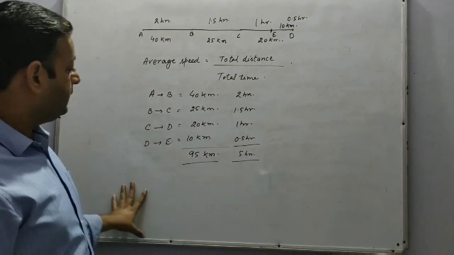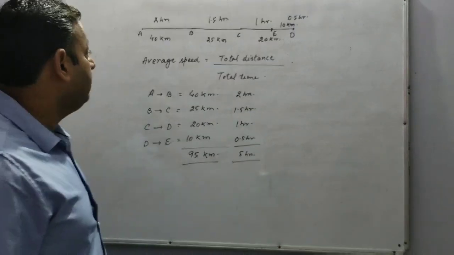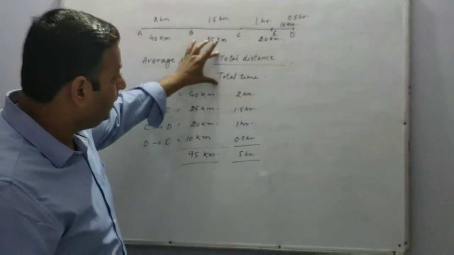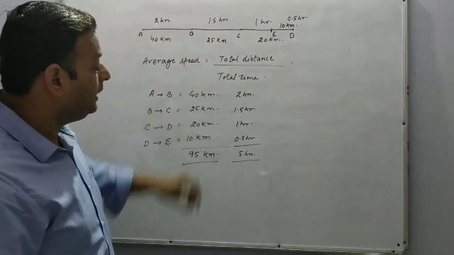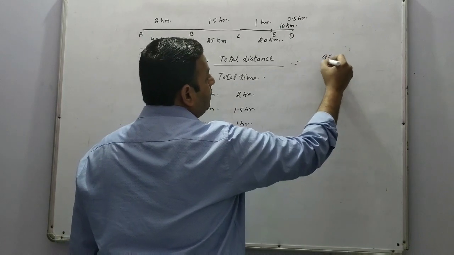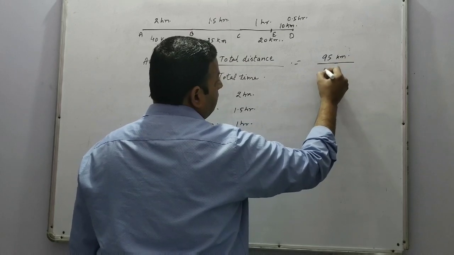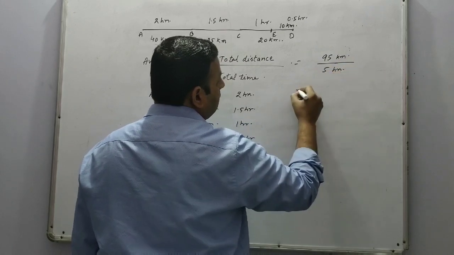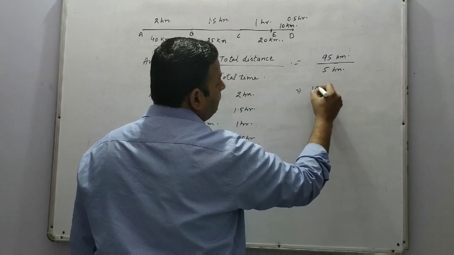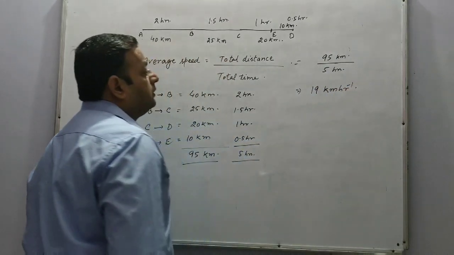Now the person has covered a distance of 95 kilometers within 5 hours. So the average speed, we need to apply this formula, total distance upon total time. So total distance 95 kilometer upon 5 hours, that would be equal to 19 kilometer per hour.